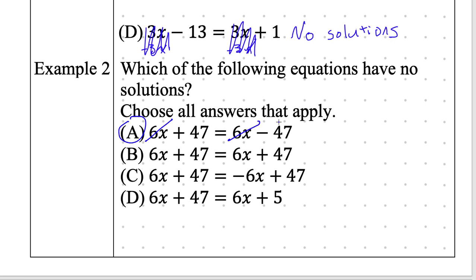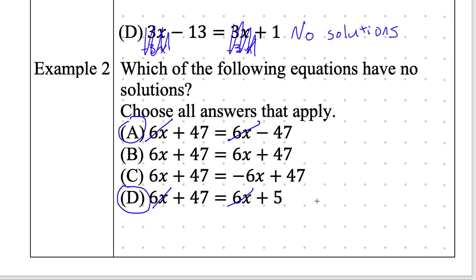Can someone else tell me the other answer? Ulysses. It's D. Because if you subtract 6x from both sides, those cancel out. 47 does not equal 5. There it is. Yeah, A and D. You should be able to do B and C as well.